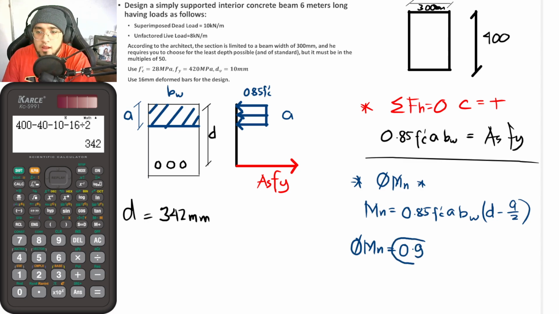Once again, I will be making use of 0.9 because I will assume that my section is tension controlled. So this is now phi times 0.85 times F prime C times A times B sub W times d minus a over 2.